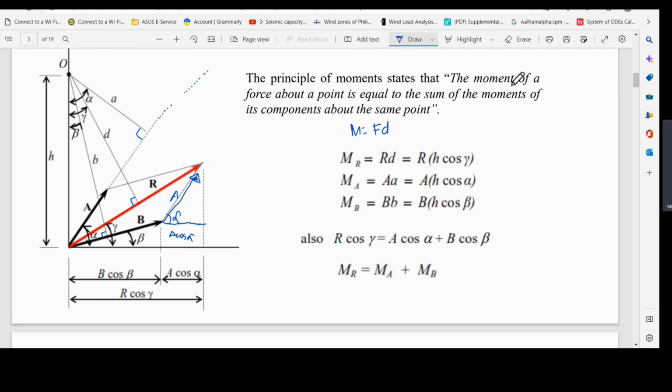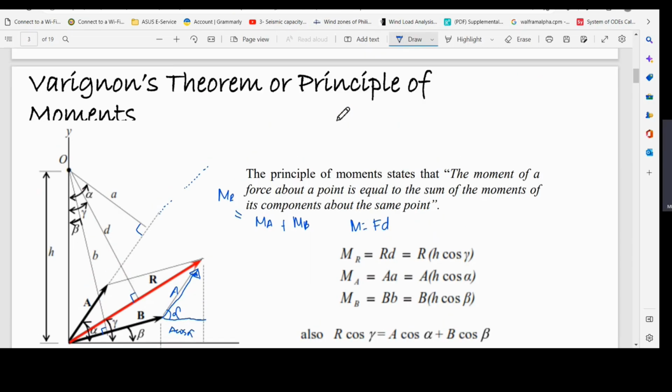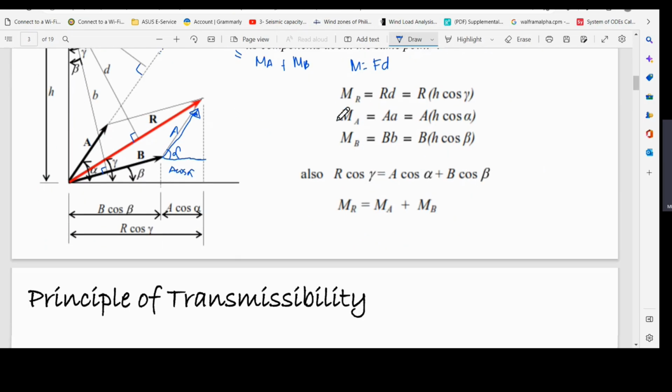So what are its components? We have the moment at A and then the moment at B. So MR is equal to the moment at A plus the moment at B. Okay? So that is Varignon's theorem, or the principle of moments.